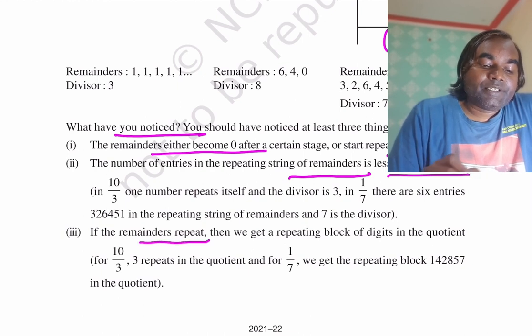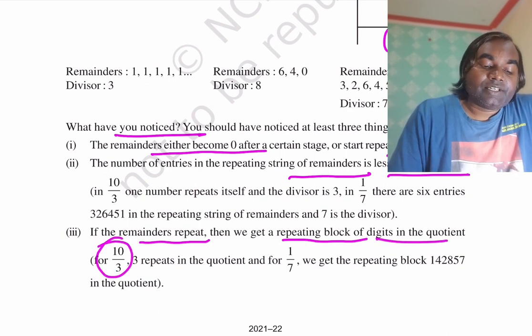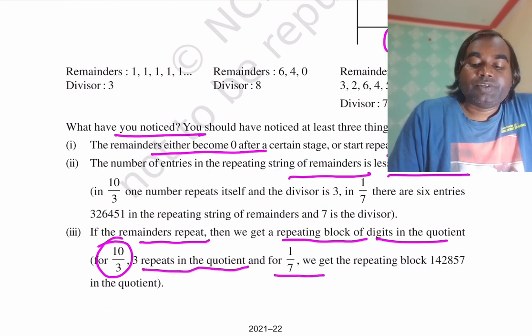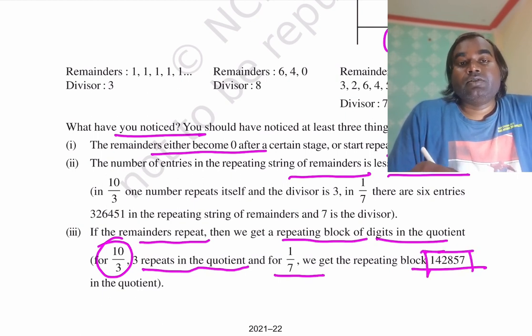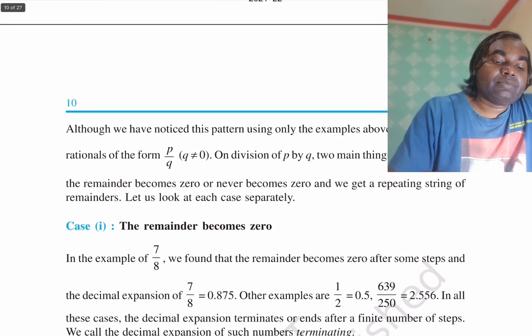If the remainder repeats, then we get a repeating block of digits in the quotient. For example, in the case of 10 by 3, 3 repeats in the quotient, and for 1 by 7 we get a repeating block, meaning this much value gets repeated one after another. What does it mean?